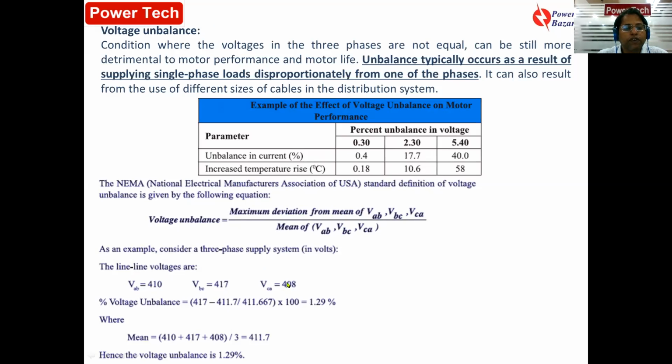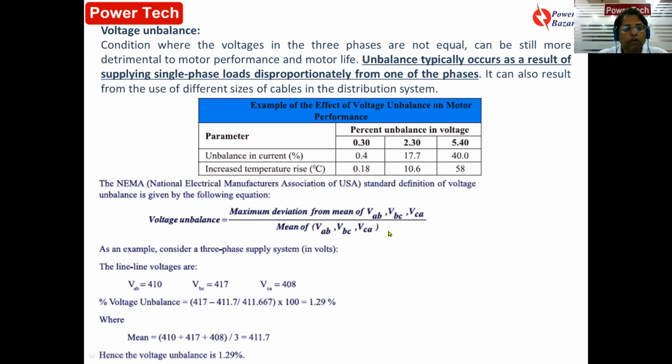From this figure, I can easily understand the maximum deviation from the mean of VAB, VBC, VCA. So you can find out the percentage voltage imbalance: 417 minus 411.7, that is the maximum deviation from the mean of VAB, VBC and VCA.